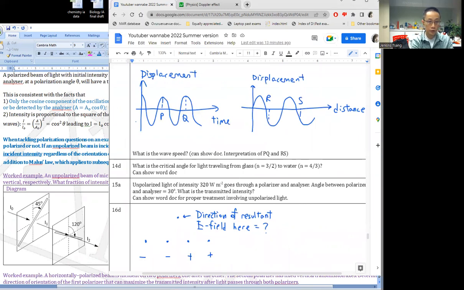So for this particular question, the 320, after going through the first polarizer, we'll see its intensity halved, so becoming 160.